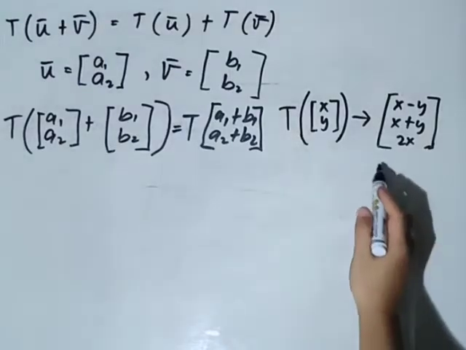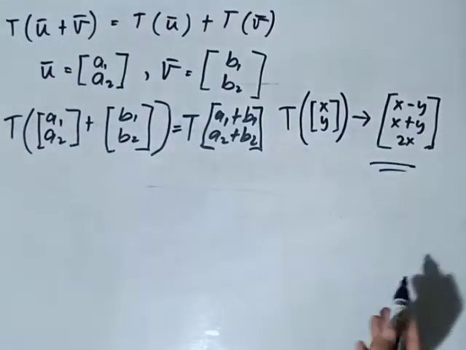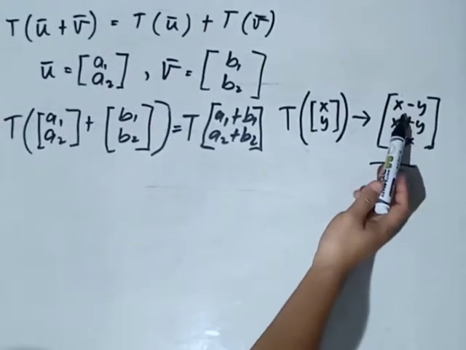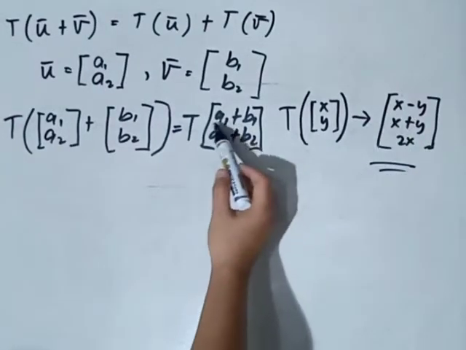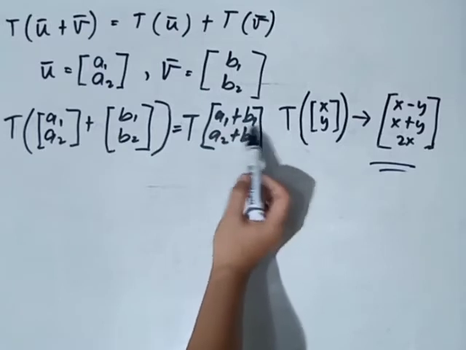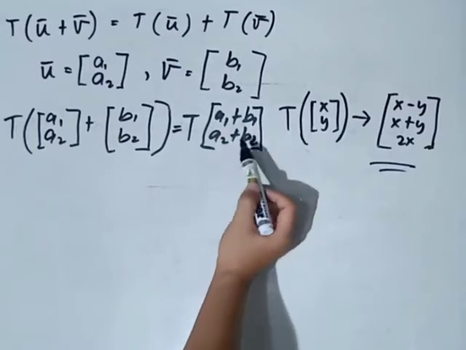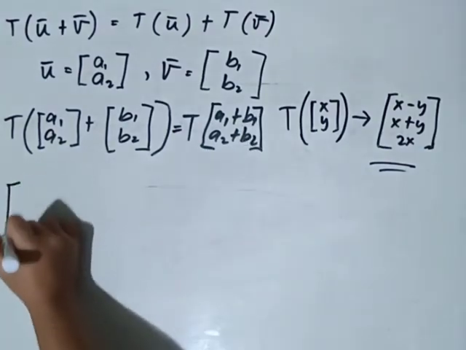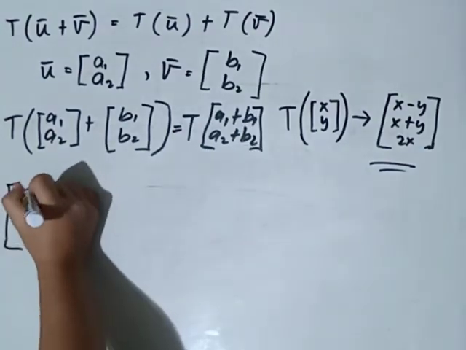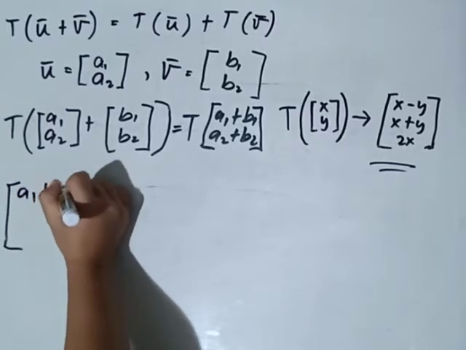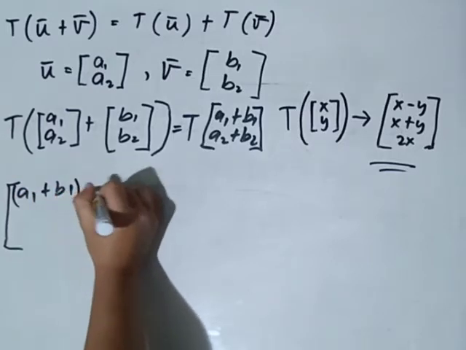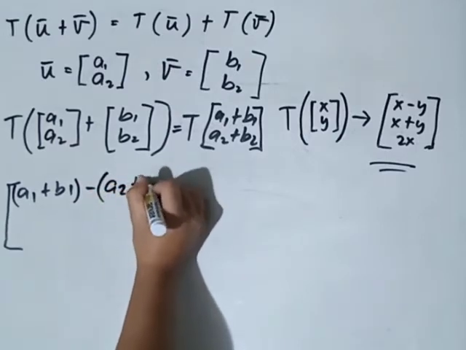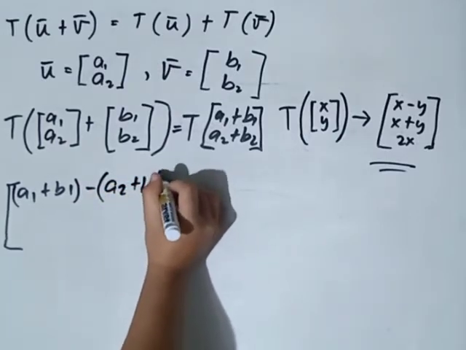Now let us try to apply the rule in this transformation. It says here that we have to get the first component minus the second component. So we first get the first component and then subtract the second component from it. That is a sub 1 plus b sub 1 minus a sub 2 plus b sub 2.